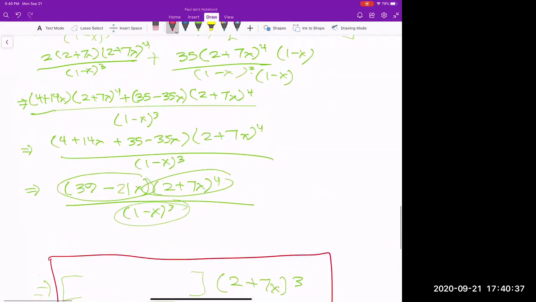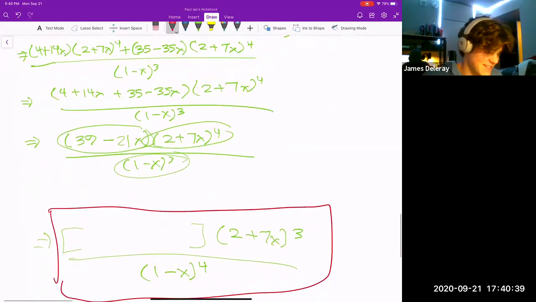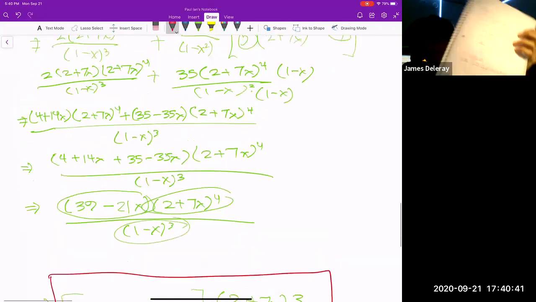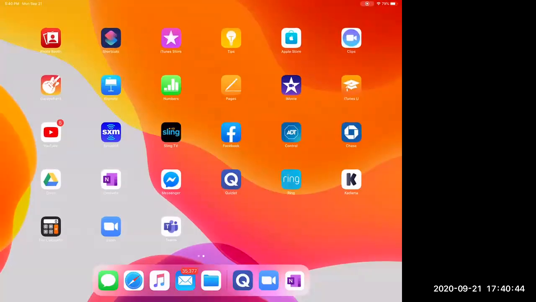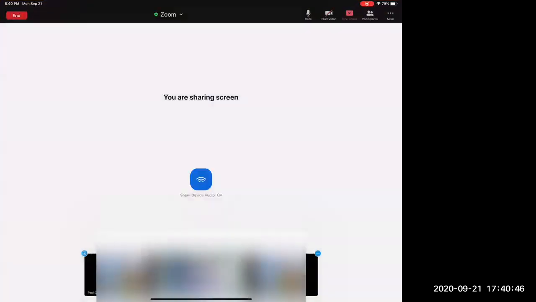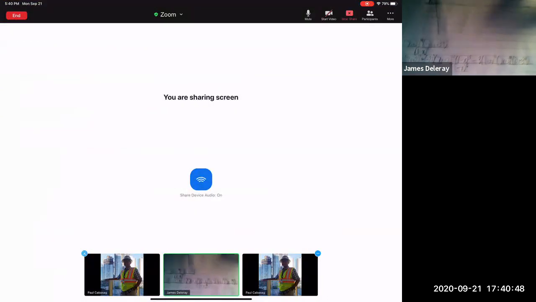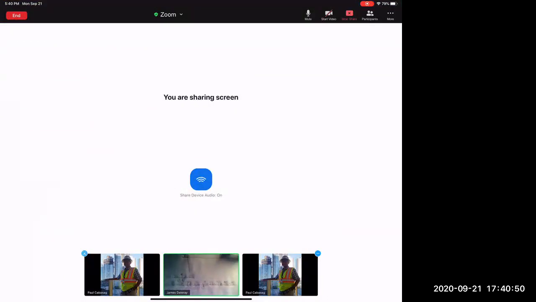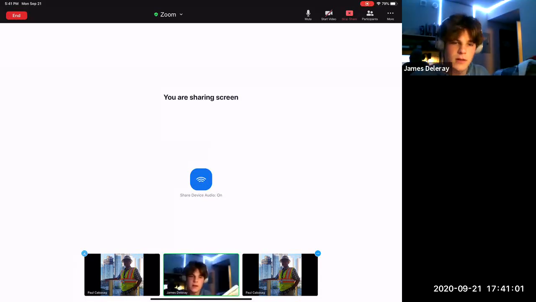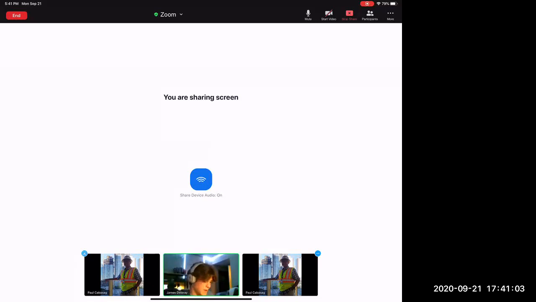That's not totally a mess, but let me just show you. Pretty rough. I can enlarge this. You can barely see it. Yeah, I can see it.